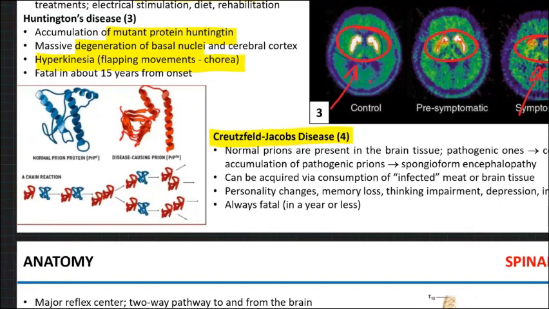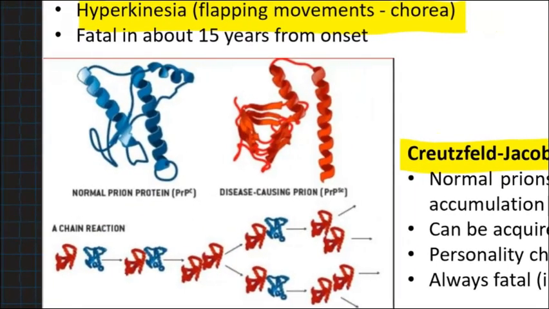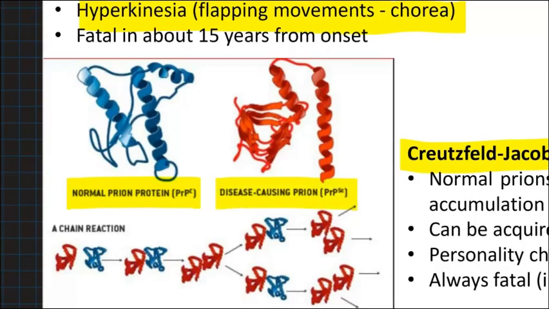We all have proteins called prions in our brain. These prions can go from normal to abnormal. These abnormal prions accumulate in your brain and turn it, not literally, but almost, into a sponge.